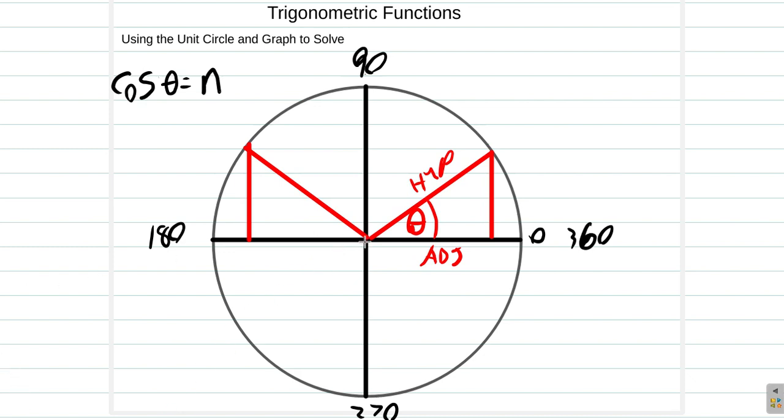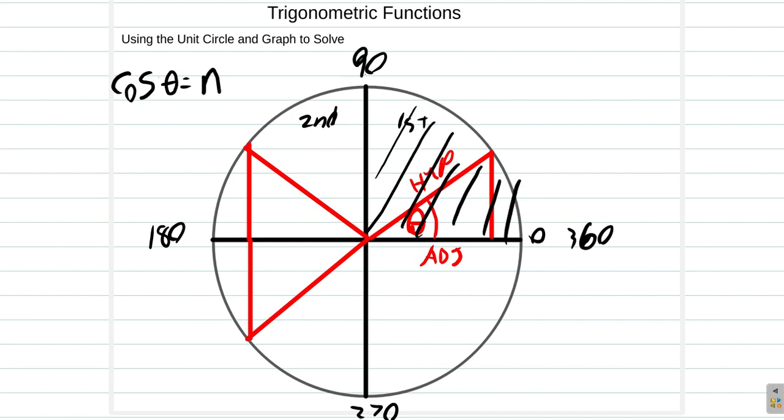Same argument here. If we take an adjacent over the hypotenuse for this triangle in the third quadrant, and just as a reminder, this is first quadrant, second quadrant. Remember, the first quadrant is in this area.